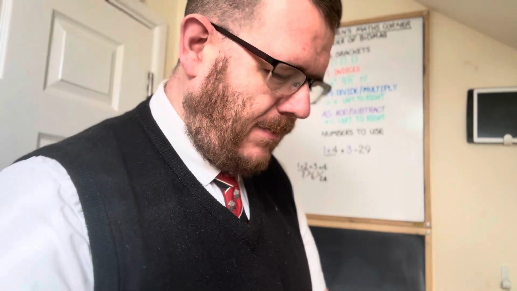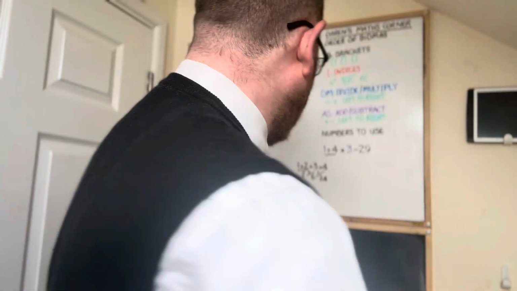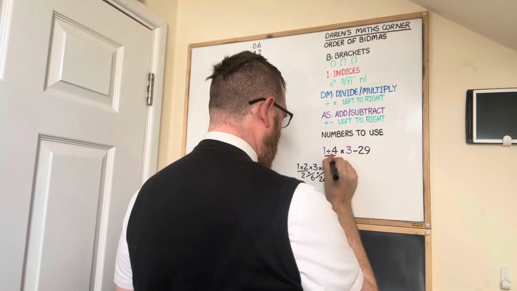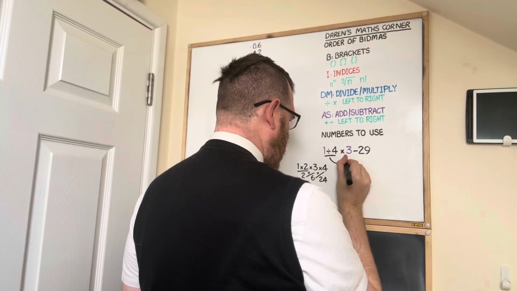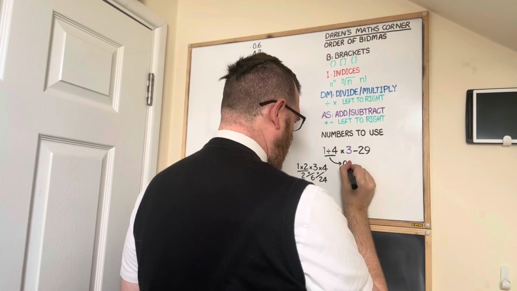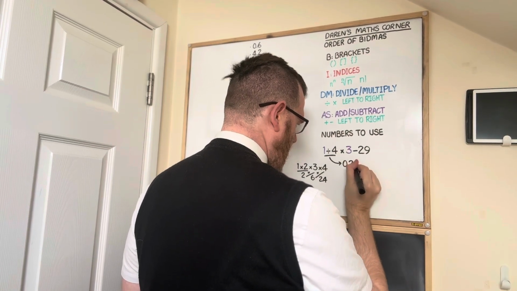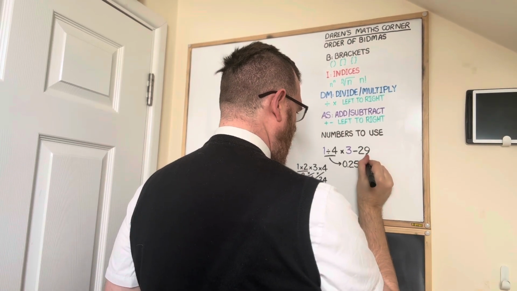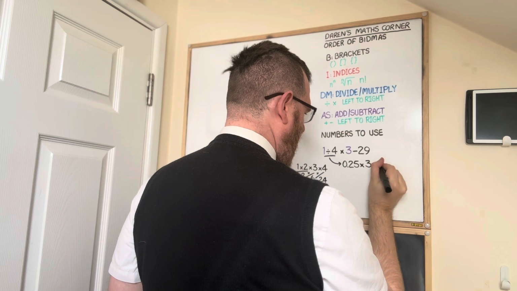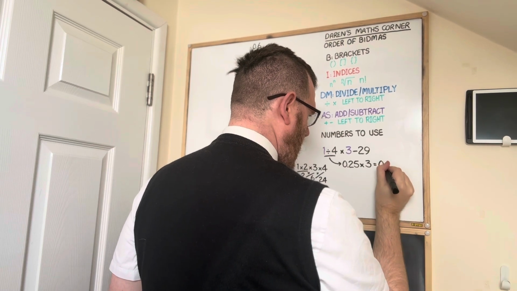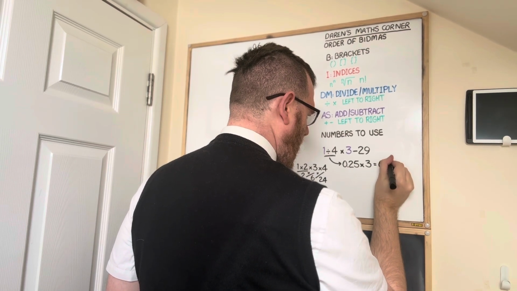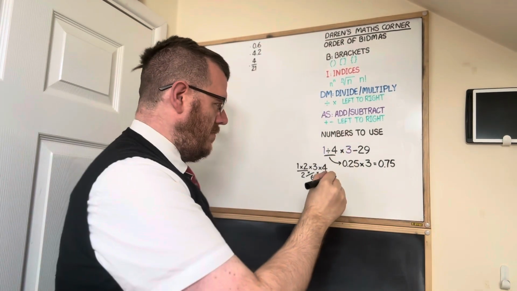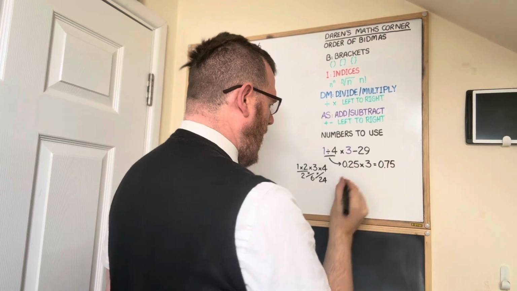Swap it back to my other black. And then you do that, which is, I think this will work much better. Times that by 3, which gives you that. And then you subtract the 29 from that.